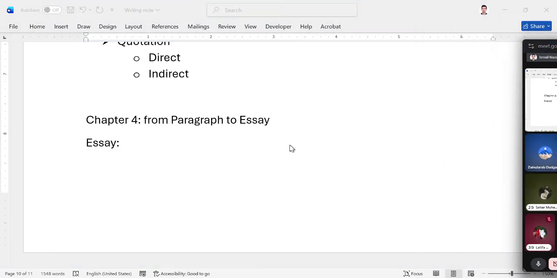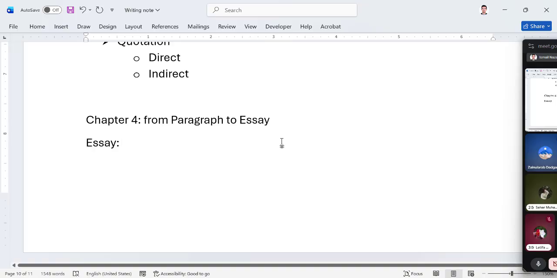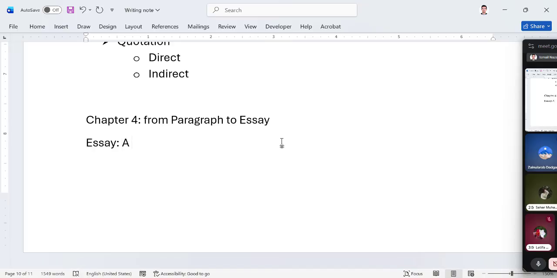As you have mentioned, if we define it in a basic way, we call an essay a group of paragraphs that talk about one central topic. That's what we have as an essay. And then why do we have the essay?